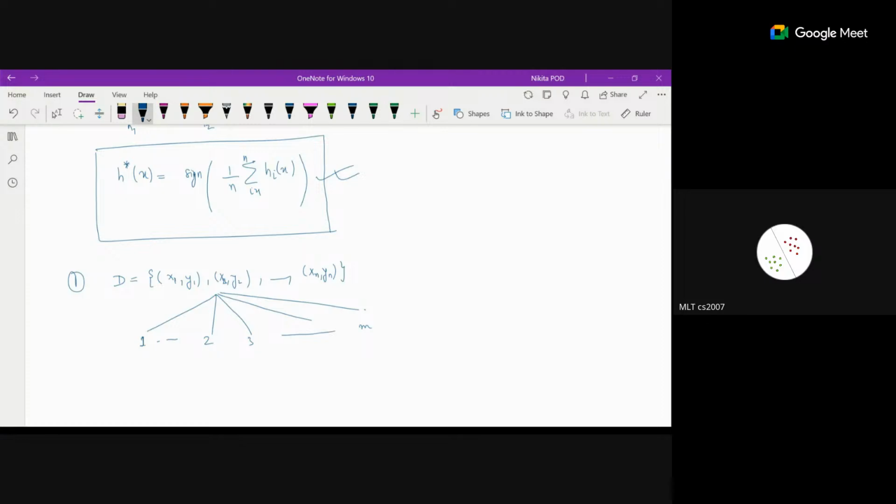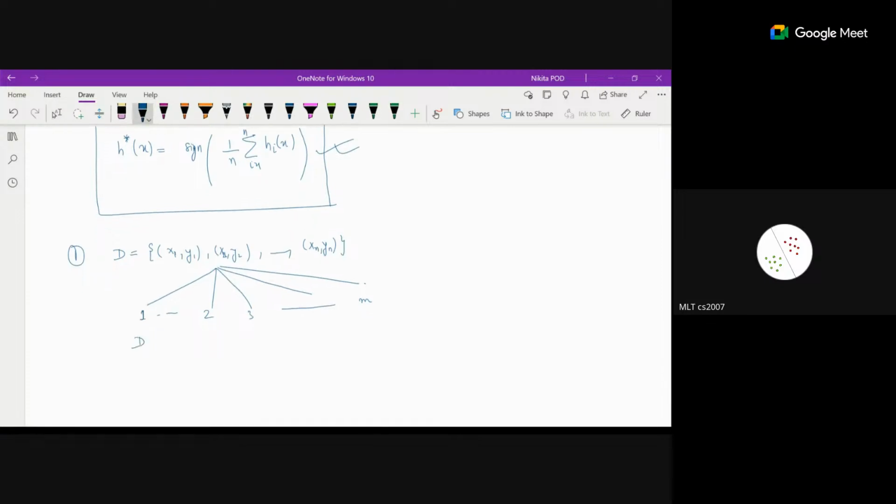If you equally split this data set D in m parts, and m is quite large, then each data set will have very few points. So let's say I split it and come up with D1, D2 up to DM.